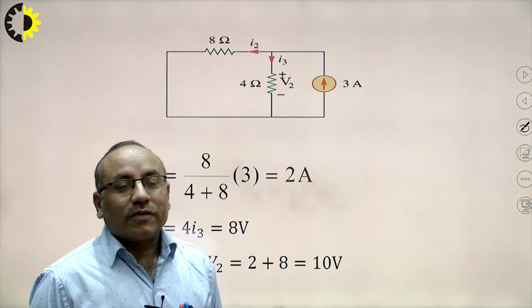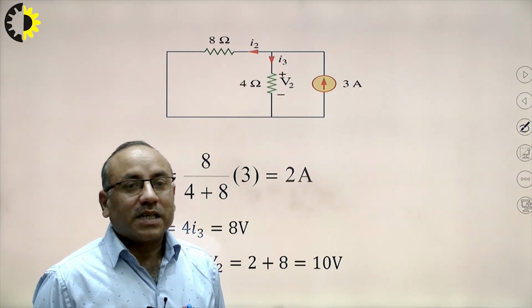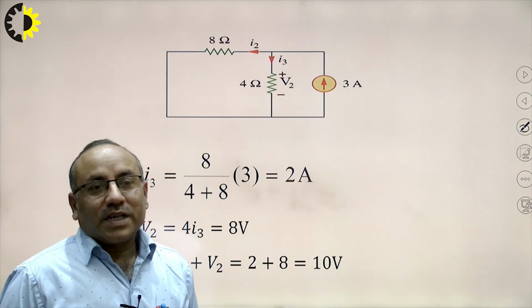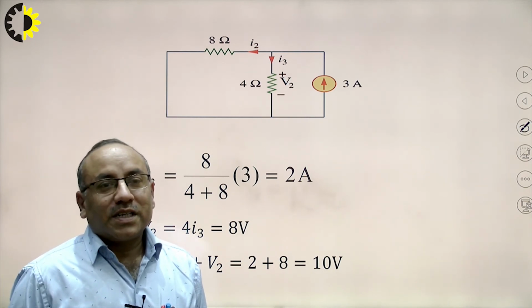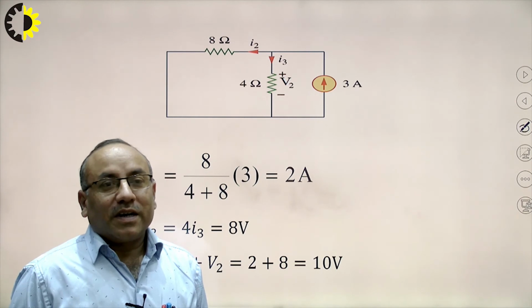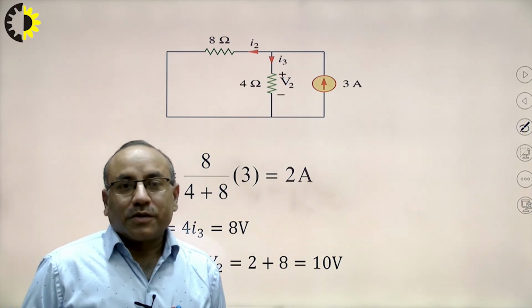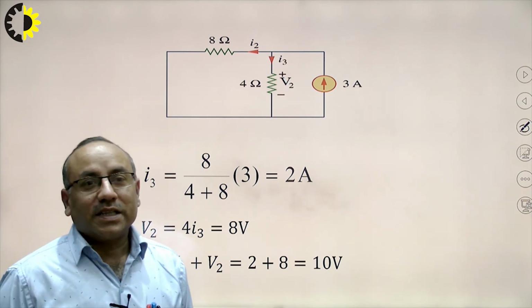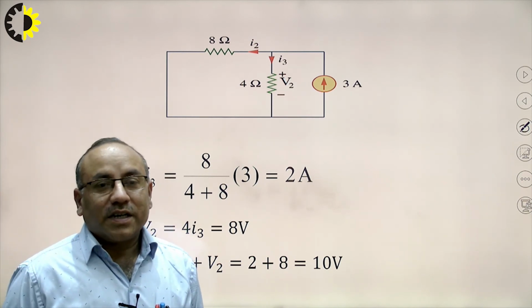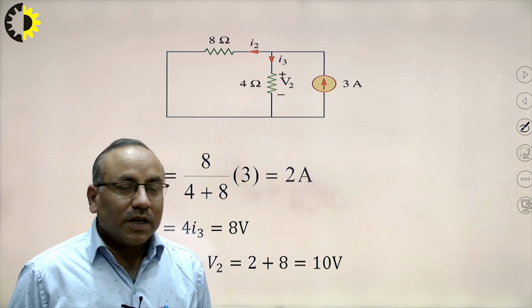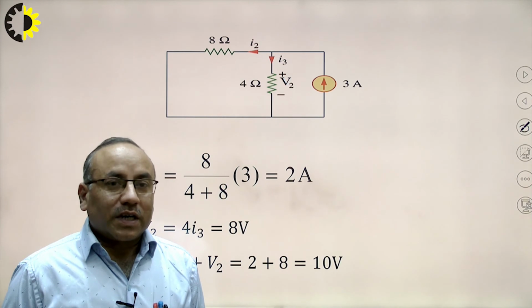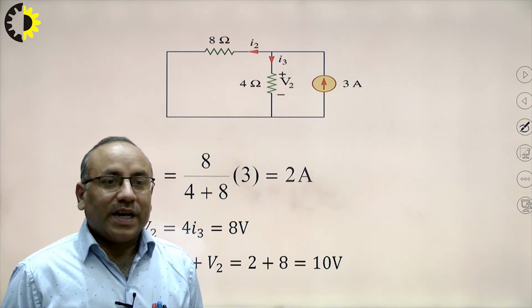So the current of 3 ampere supplied by this current source will be divided between the 4 ohm resistance and 8 ohm resistance using the parallel current division rule. Suppose the current going through the 4 ohm resistance is I3. We can find this current using the current division rule, so I3 equals total current, that is 3 ampere, into 8 ohm upon 8 plus 4.